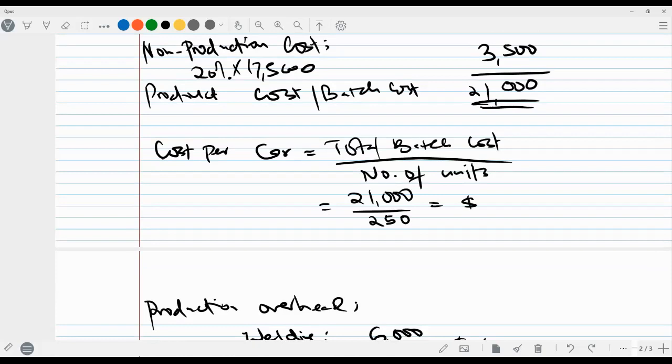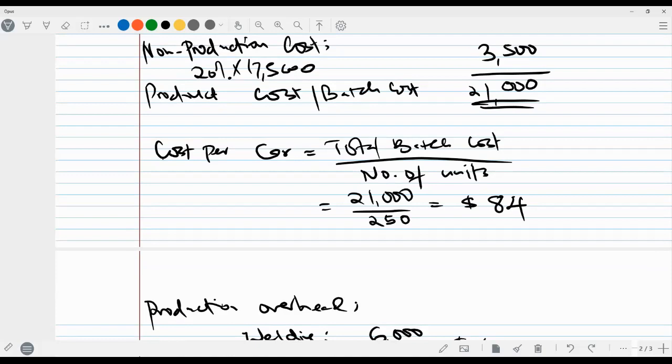That gives us how much? 84. Exactly 84. Great. Therefore, you get a cost per item within the batch to be equal to $84.